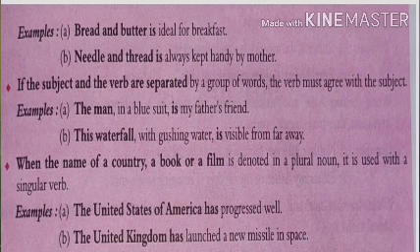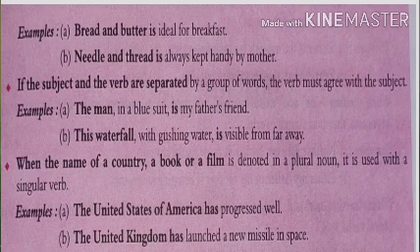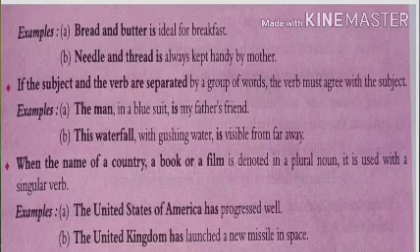The man who is in a blue shirt is my father's friend. So we have to use is according to the subject, the man. This waterfall with gushing water is visible from far away. In the same manner, we have to use the verb for this waterfall, is.